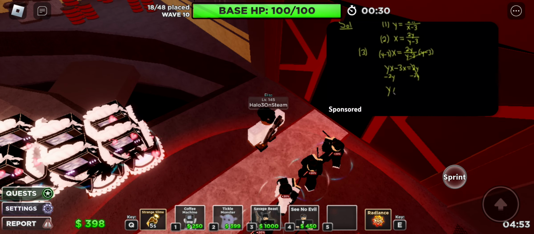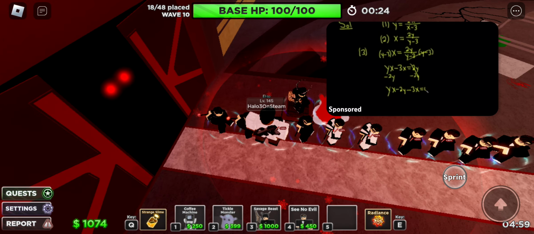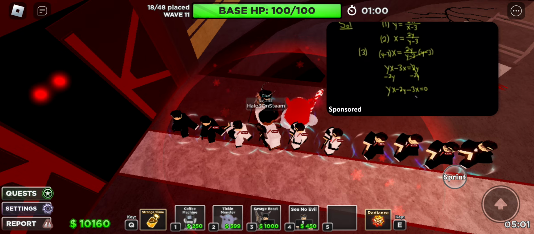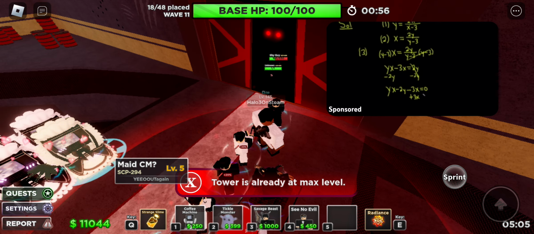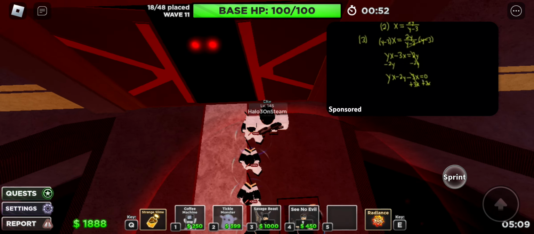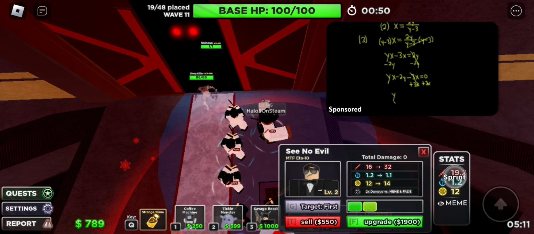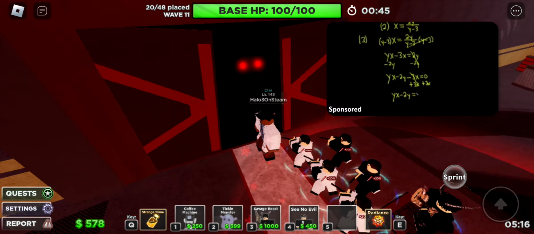So you get yx minus 2y minus 3x equals 0. And what I really want to do with this 3x is add it to the other side. So plus 3x, plus 3x, cancel, so you end up with yx minus 2y equals 3x.